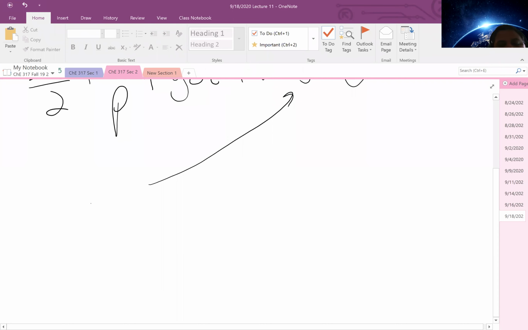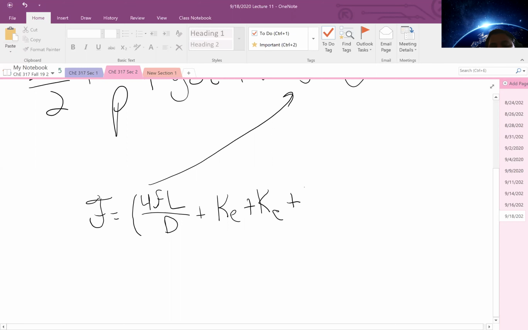And with this, we've identified that friction is composed of several parts, mainly skin friction, which we can calculate as 4 times a friction factor, times u squared, L over D, plus any losses due to flow expansion, any losses due to flow contraction, and any losses due to the existence of fittings in our flow system.